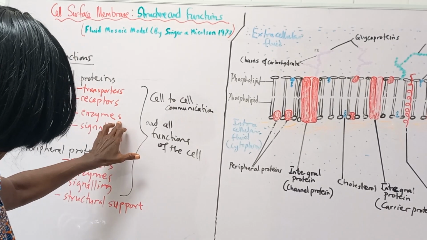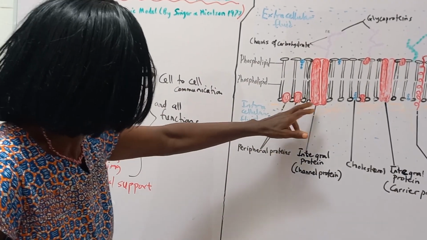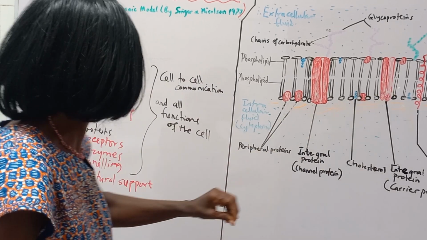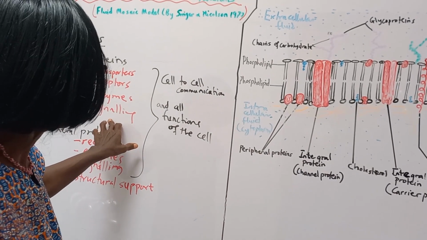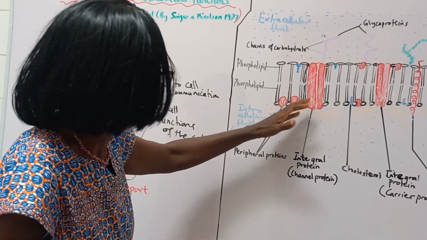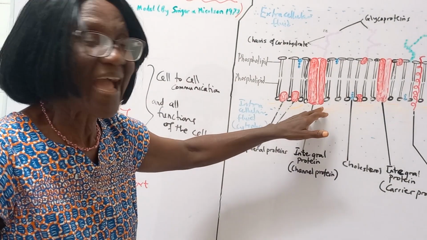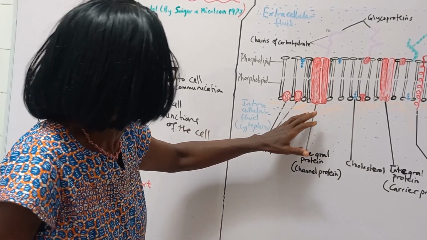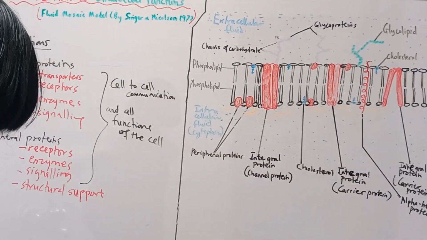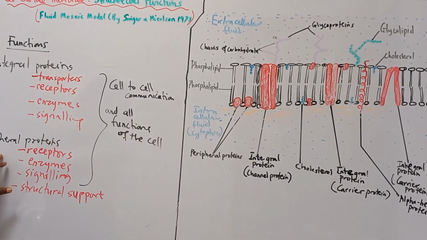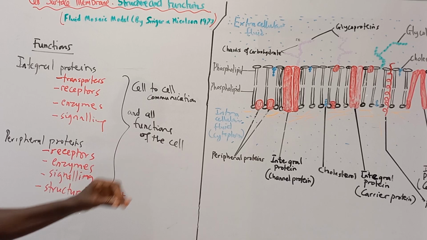You know what enzymes do? They speed up processes, so some of the proteins serve as enzymes. And then signaling also means that they are affected by proteins and other physical structures like light that also trigger a chain of reactions inside the cell. That's signaling. Now, peripheral proteins do almost the same things except transporting substances.